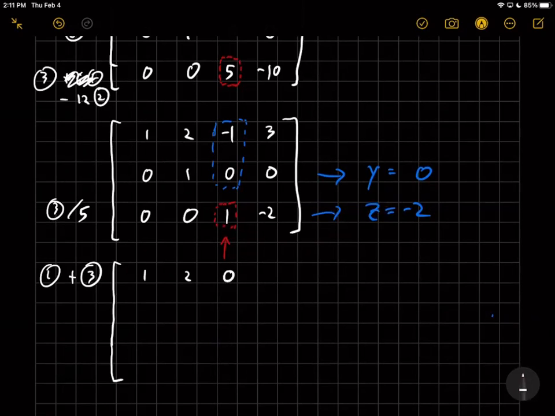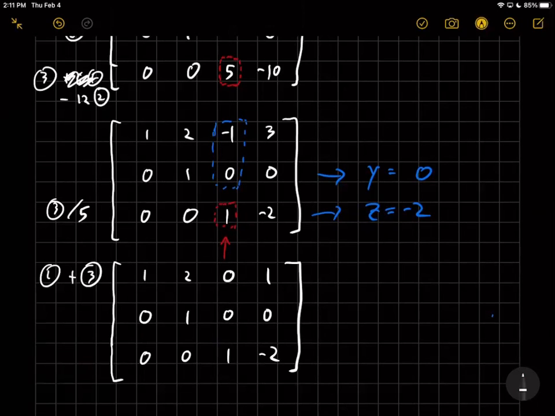And when you add 3 plus negative 2, you get a 1. And then you have 0, 1, 0, 0. We'll do nothing to row 2, and we'll do nothing to row 3. Row 3 already gives us a solution for z, and row 2 already gave us a solution for y.